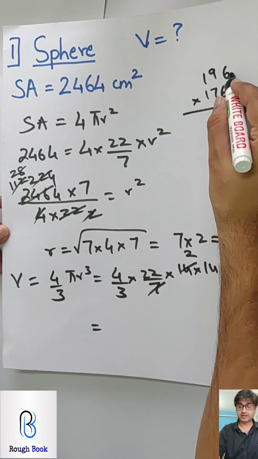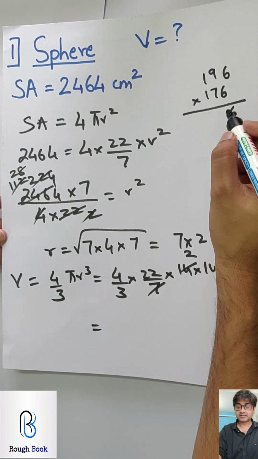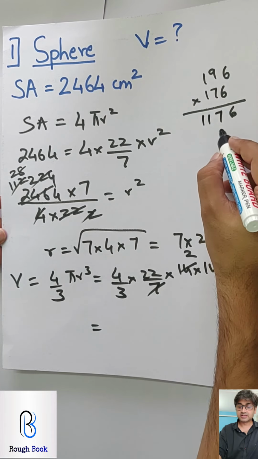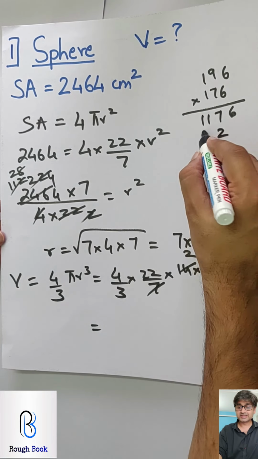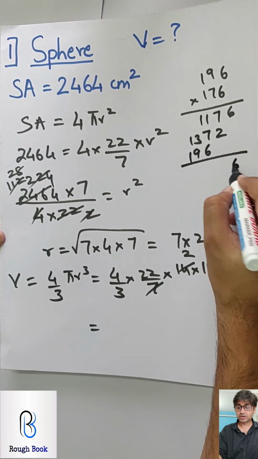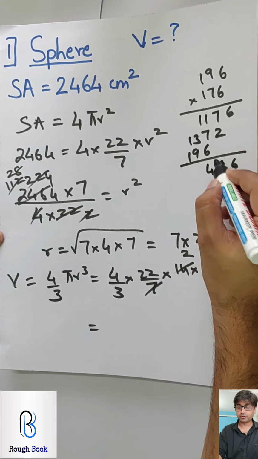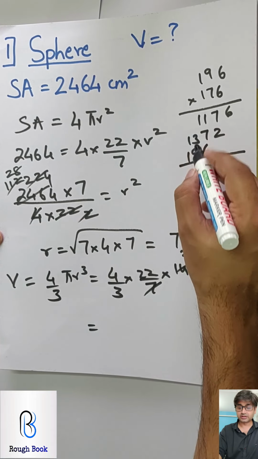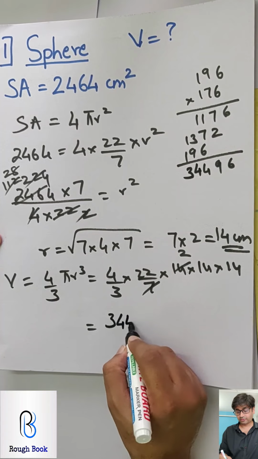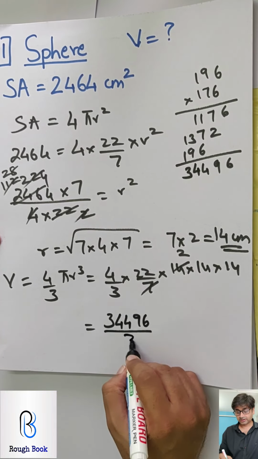So let's multiply them. That should be 34496 upon 3.